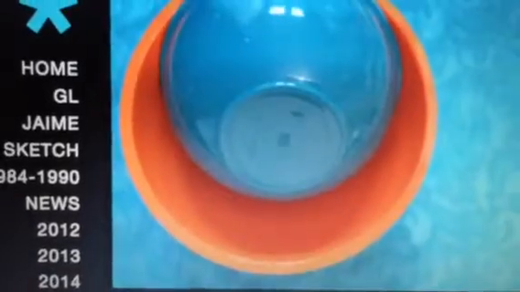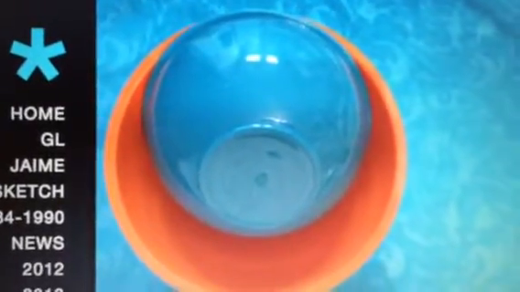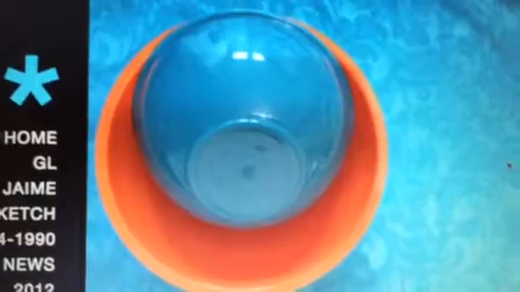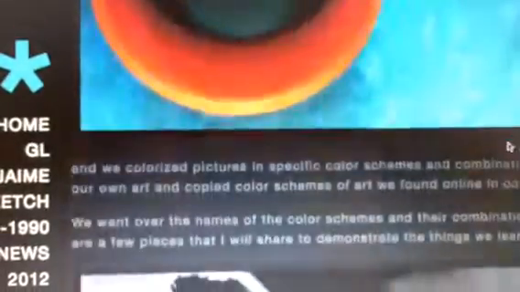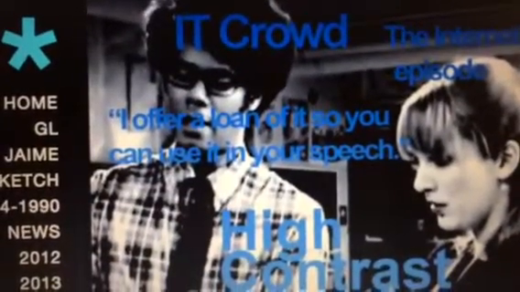And here's some photography. This is actually talking about color theory. This was one of my photographs for my class. And here we have a composite that I made using the IT crowd and the high contrast achromatic.